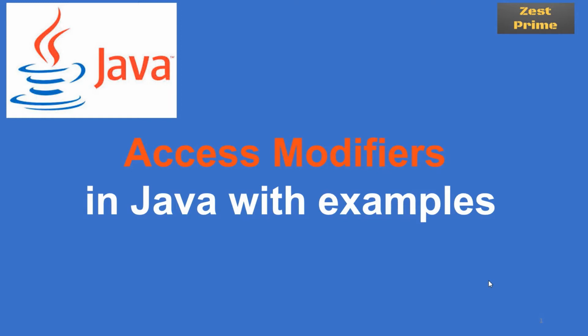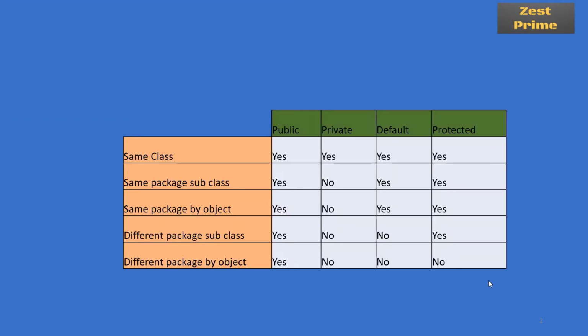To avoid these kinds of issues, we have a set of access specifiers, which I will show you in the next minute. By using access modifiers, we can provide security levels: who can access, where it can be accessed, and how to access it. Basically we have four types of access modifiers available: public, private, default, and protected.